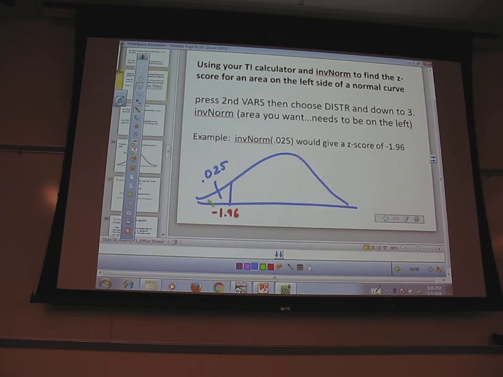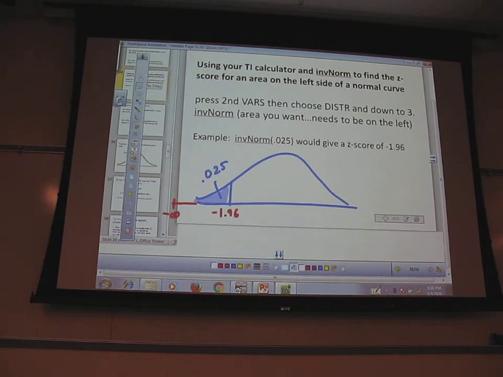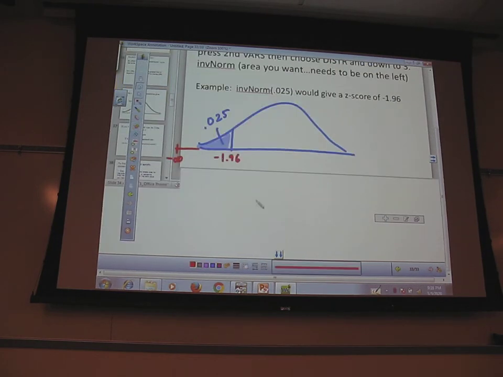Now if I look at this area here, what's my lower z-score? Negative infinity. So if I do normal CDF of negative infinity, negative 99, comma, negative 1.96, I will get 0.025.